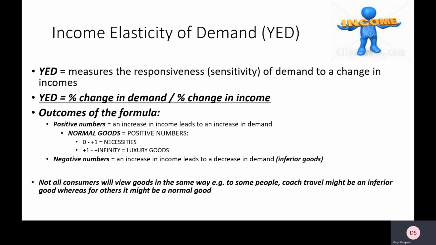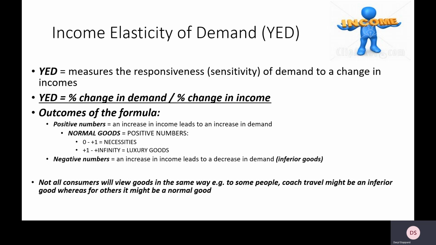Now, to give you an example of the necessities, if you were to receive more money, you obviously become more willing and able to buy more products. Well, necessities, generally you will pay for your necessities anyway. These are the things that people will prioritize over luxuries. So as you earn more money, you might decide to buy a few extra necessities, but you're not going to go mad. So for example, you might decide to buy a few extra clothes.